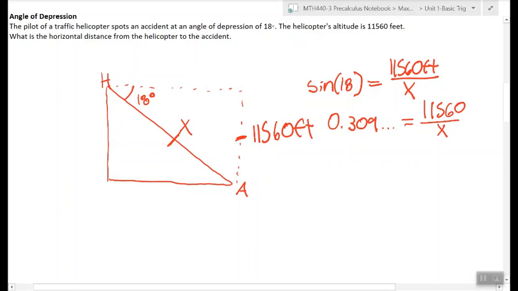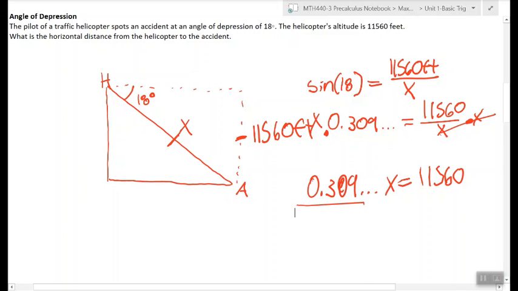So we'll do some flipping here. We want to multiply both sides by x to get out the denominator. So we have 0.309 dot dot dot x equals 11,560.